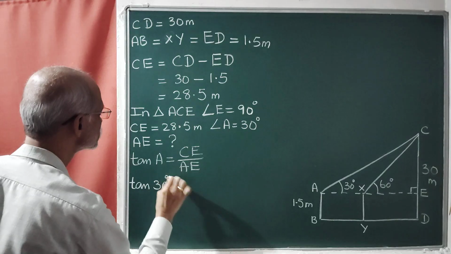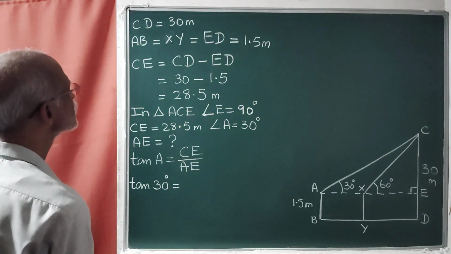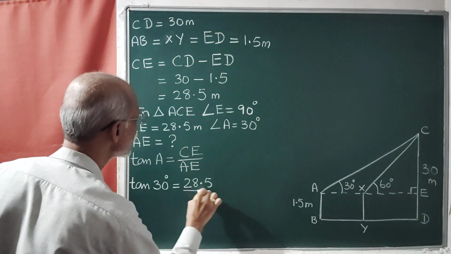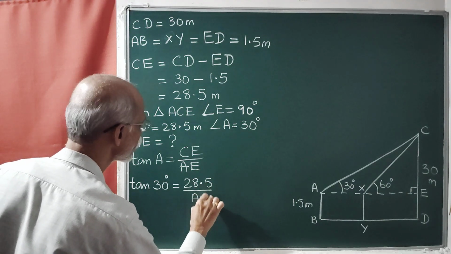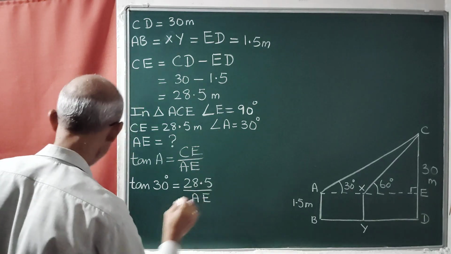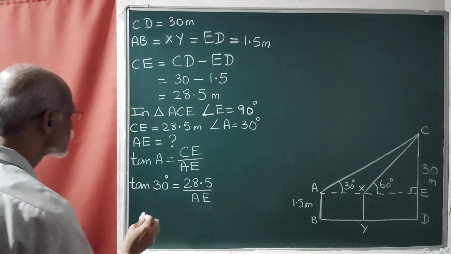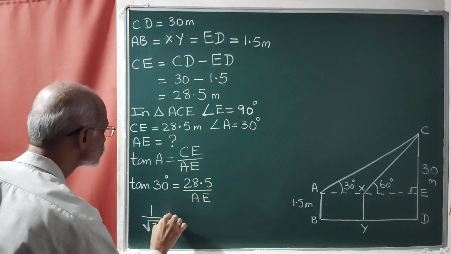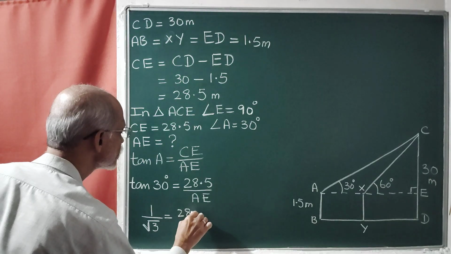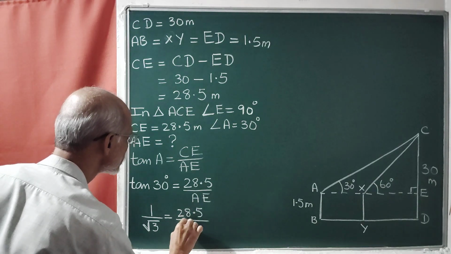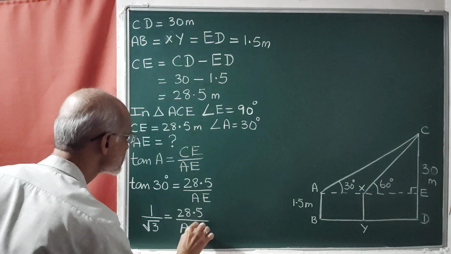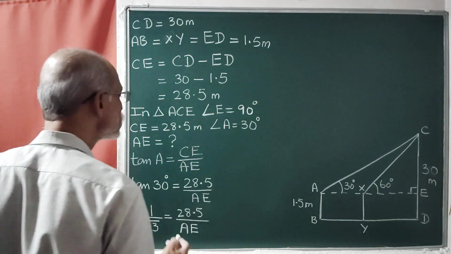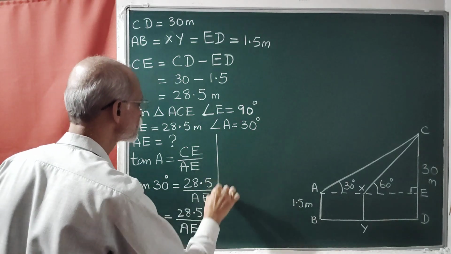Tan 30 degrees is equal to, CE is what? 28.5 by AE. We have to find out. So tan 30's value is what? 1 by root 3 is equal to 28.5 by AE. We will go for cross multiplication.